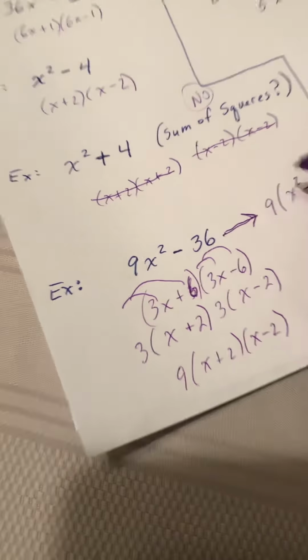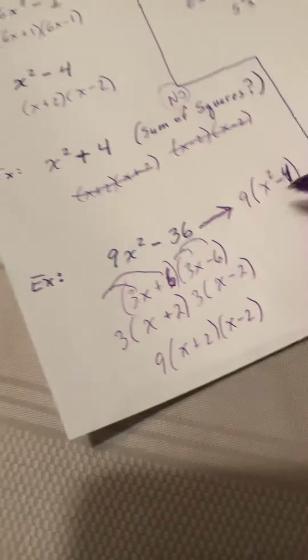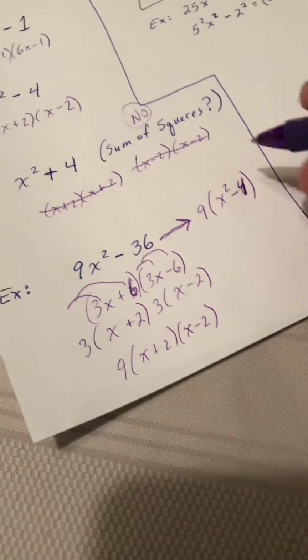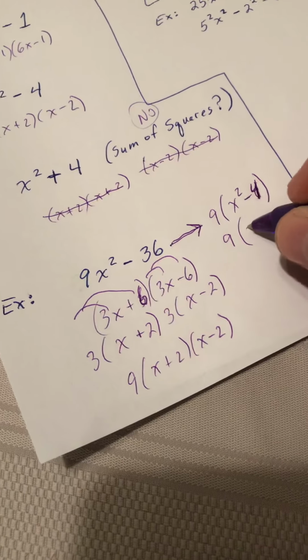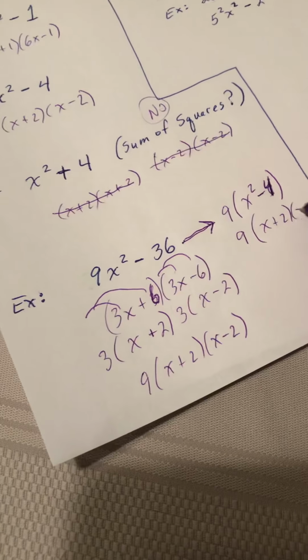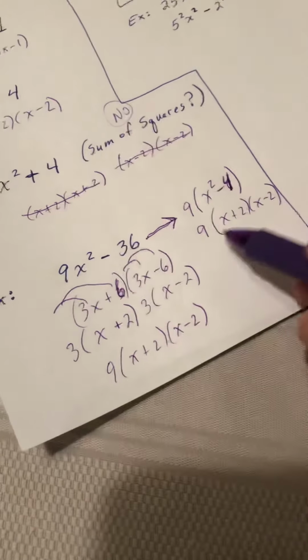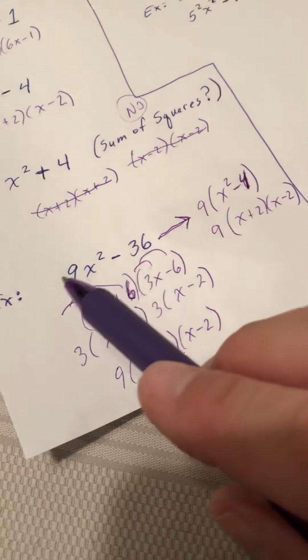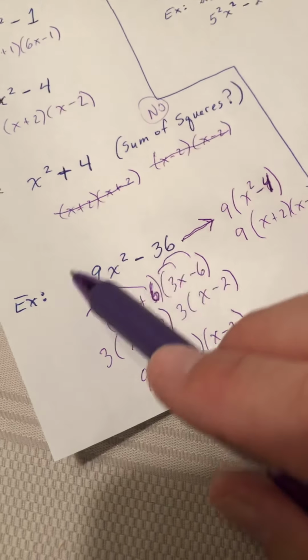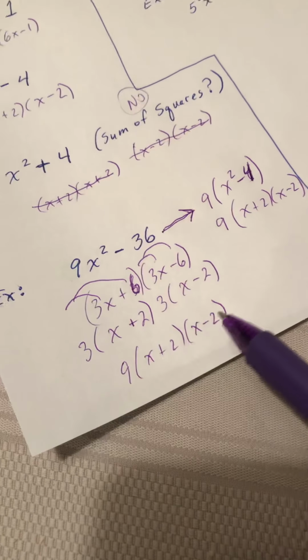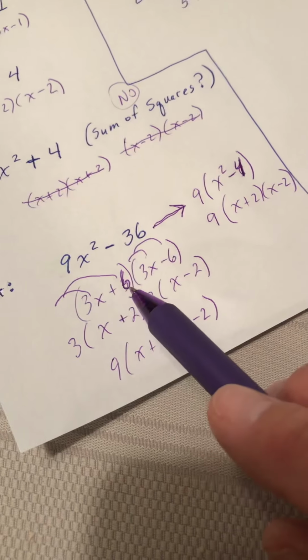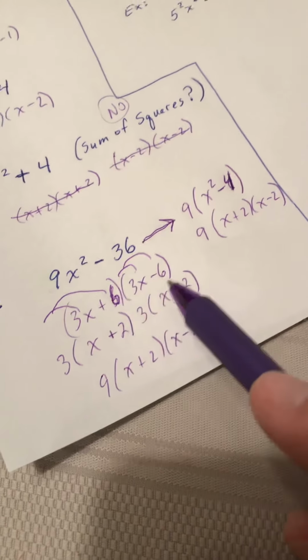I factored out a 9 to start, and then the 9 just stays out here, and there's my difference of squares: x plus 2, x minus 2. So it's always helpful to factor a number out before you start, but if you don't, and you wound up with this, you would have to notice that I still have a common factor I can take out.